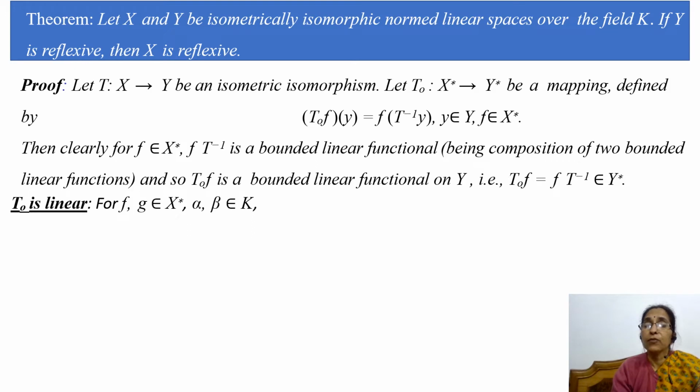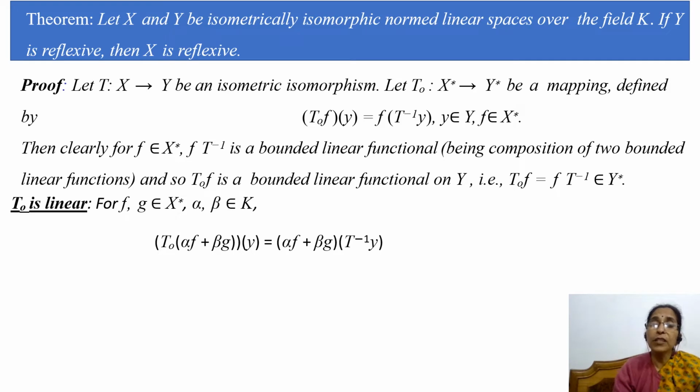Next, as we want to show that this is an isometric isomorphism, first we show that T naught is linear. So for F, G in X star, alpha, beta in K, T naught image of alpha F plus beta G of y is equal to, by this definition, alpha F plus beta G of T inverse y.